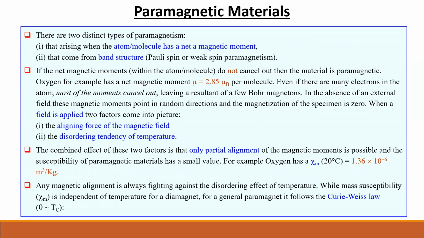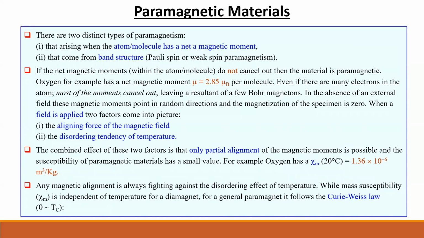Now the paramagnetic materials. There are two distinct types of paramagnetism. One arises when the atom or molecule has a net magnetic moment, and the other comes from the band structure, or Pauli spin or weak spin paramagnetism. If the net magnetic moments within the atom or molecule do not cancel out, then the material is paramagnetic.